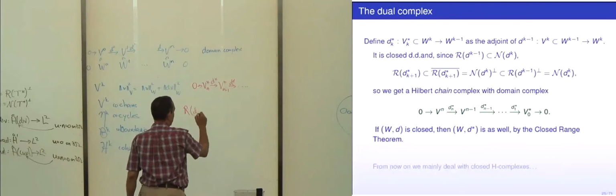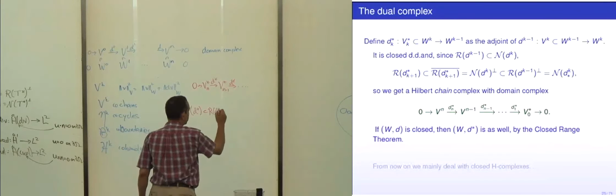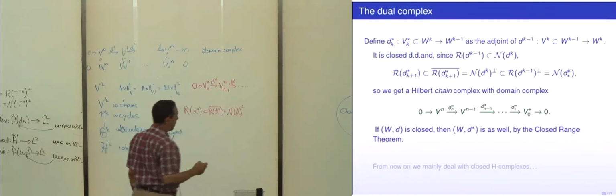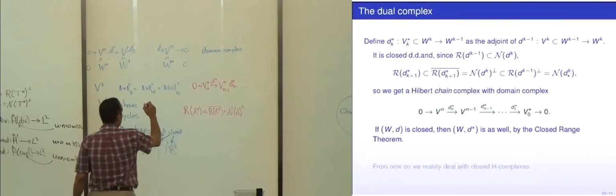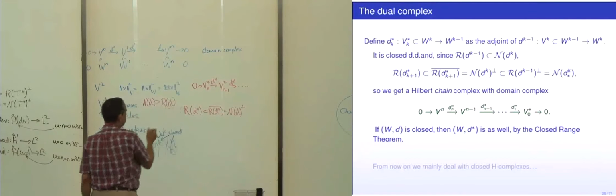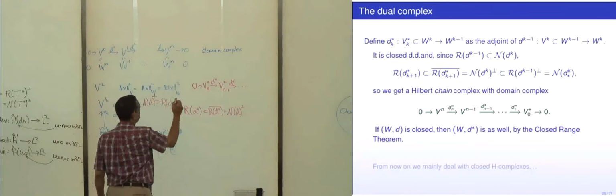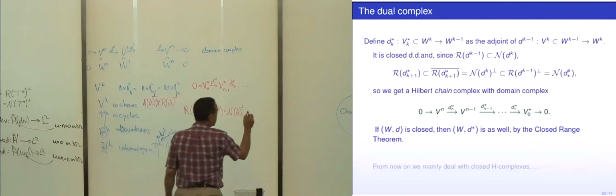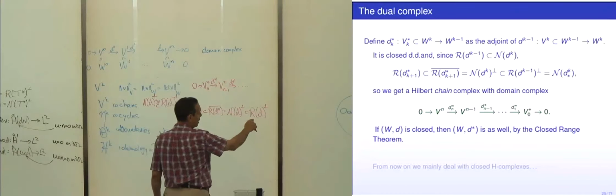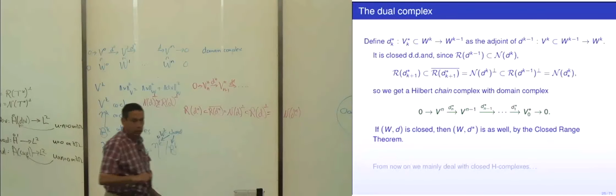Well, the range of D star, even if it's not a closed Hilbert complex, is contained in the closure of the range of D star, which is equal to the orthogonal complement of the null space of D. Now, the null space of D contains the range of the previous D, because the original complex is a complex. And so when you take the orthogonal complements, you reverse the inclusion. So this is contained in the orthogonal complement of the range of D, and the orthogonal complement of the range of D is the null space of D star. So the range of D star is contained in the null space of D star.